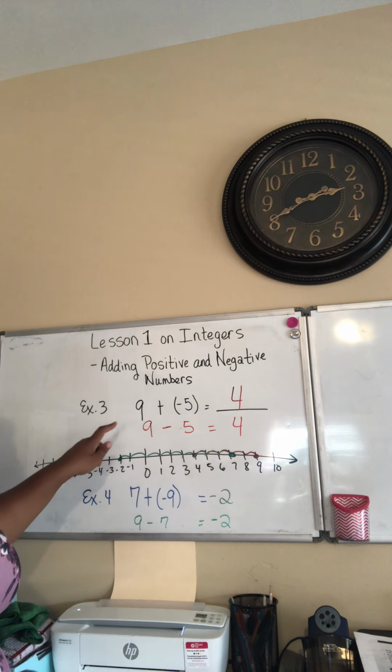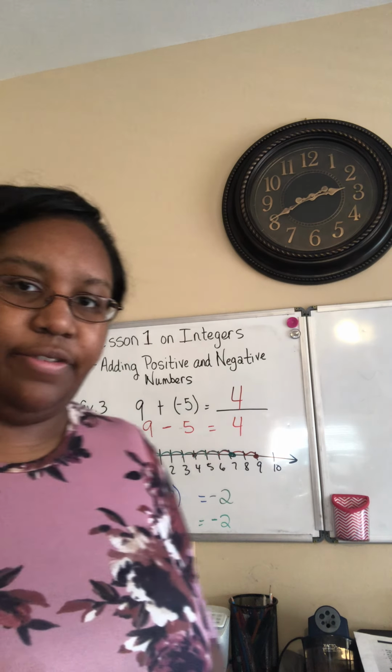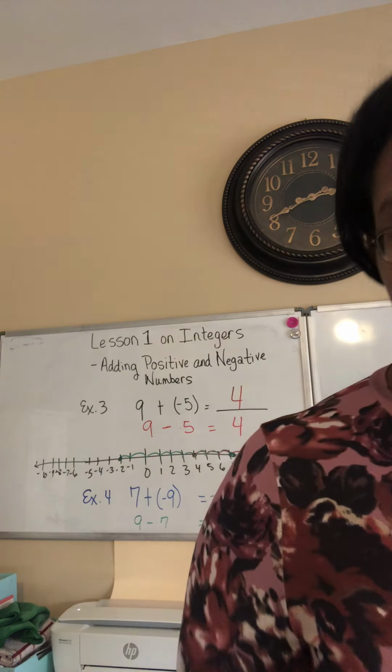So we're going to do a couple examples of this and do it with bigger numbers than will fit on a number line so we can see how that will work. Okay? Now I'm going to adjust my camera a little.